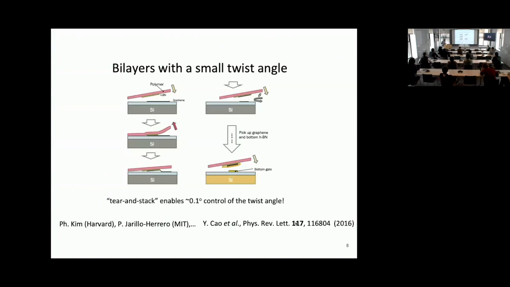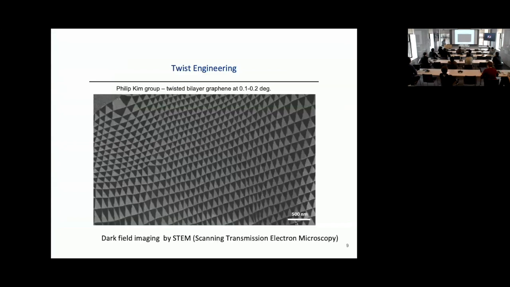This is an older slide. So many groups have applied this. This is an example from the work of Pablo Jarillo-Herrero and Philip Kim, with whom we've been closely collaborating for many years. And this is the kind of picture that you produce by dark field imaging with scanning transmission electron microscopy of these types of layers. Very interesting patterns.